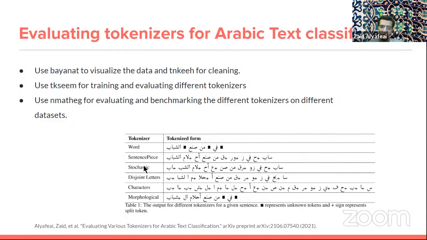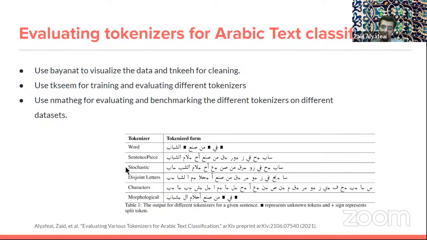We use a simple stochastic tokenizer. The basic idea is that we think about the stochastic tokenizer as a baseline, because we want to know if the type of the tokens that we generate actually matters.